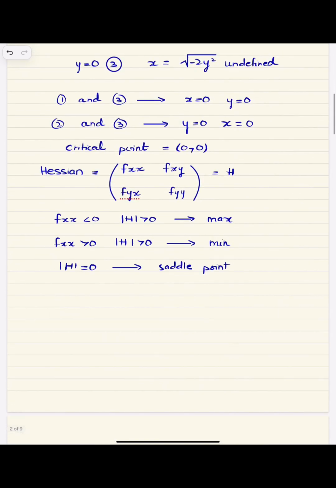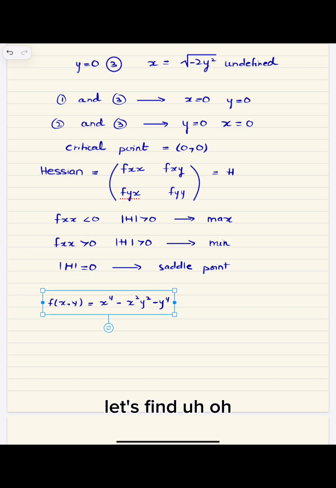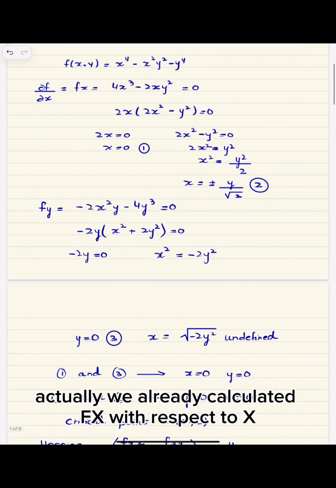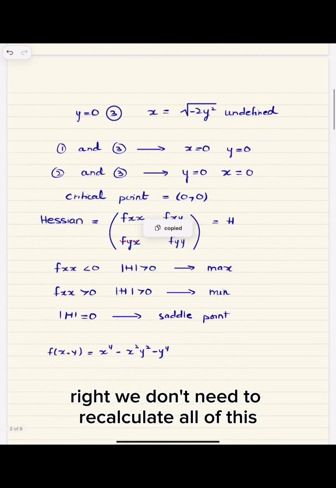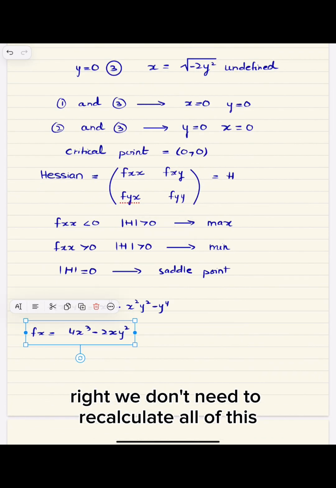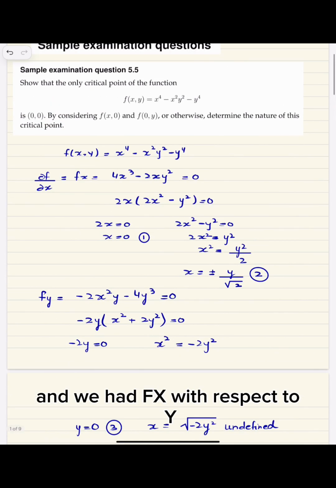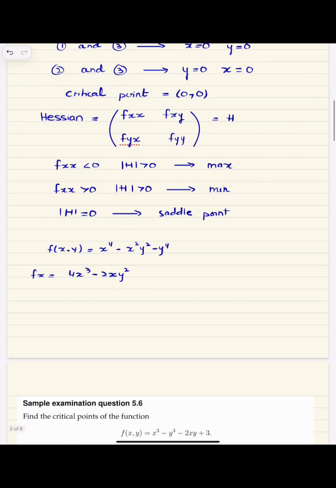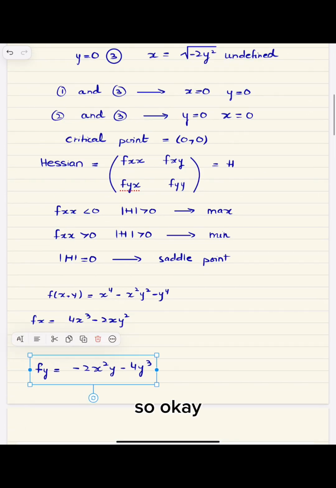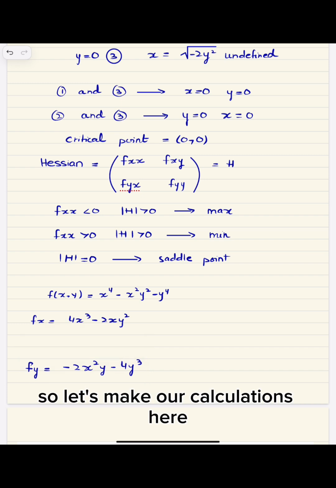Okay, let's write this down. Actually, we already calculated f_x, right? We don't need to recalculate all of this. And we had f_y. So okay, let's make our calculations here.